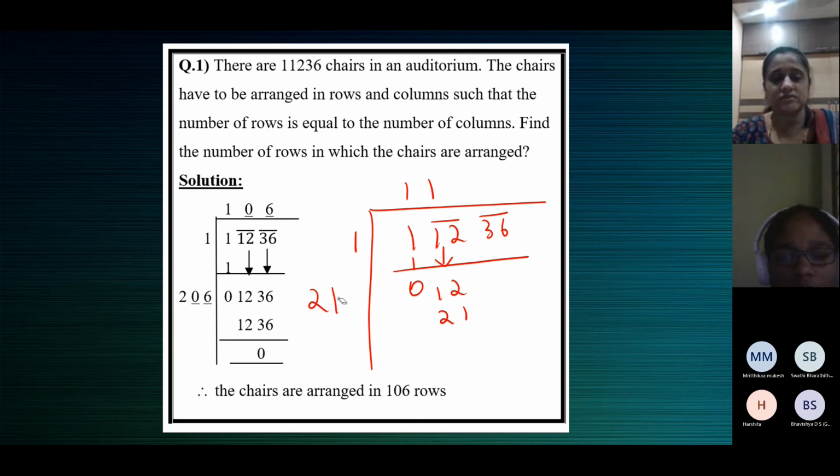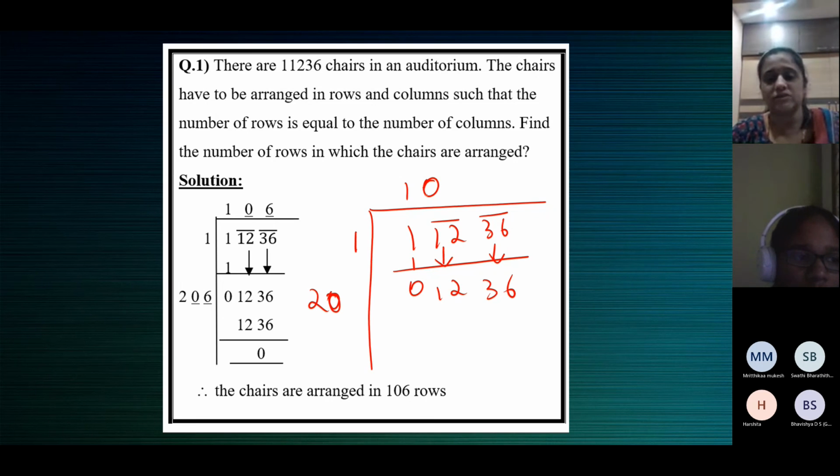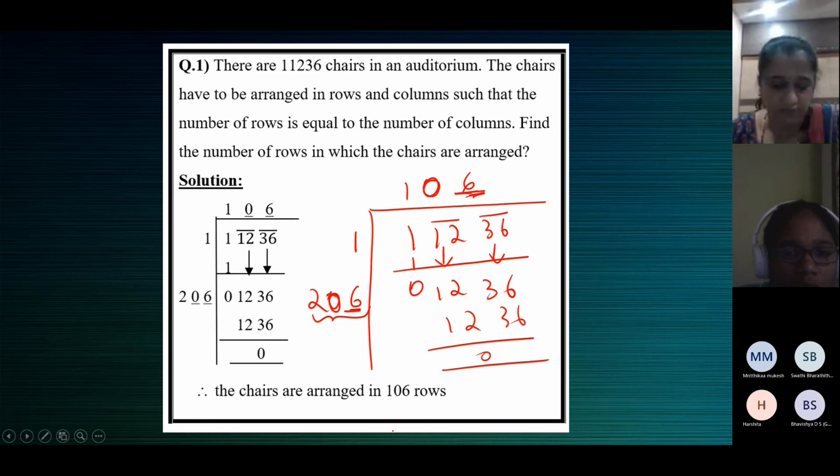So what you do is add a 0 here, add a 0 here, and then bring the next pair down. Now the number is 1236. Again, whatever digit you add here, you must place the same digit here. So 6 here and 6 here. 206 into 6 is 1236. Is it okay, Ritika? Yes, ma'am.